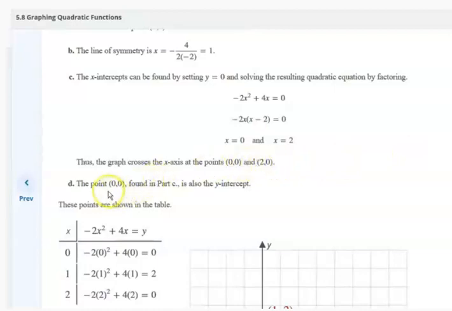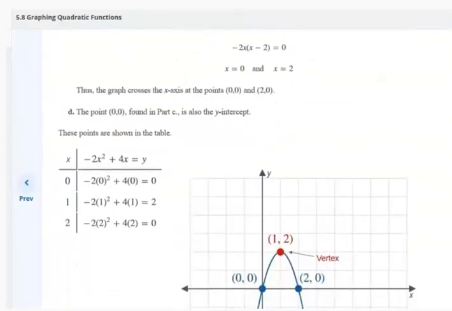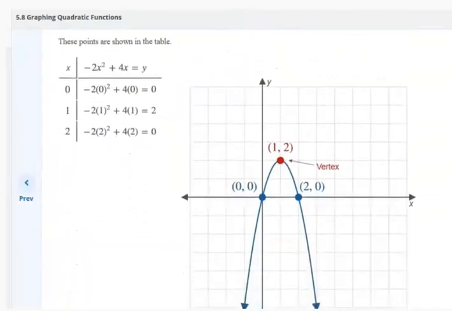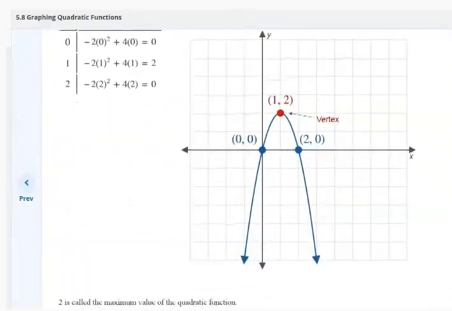And then our y-intercept is the origin, and we showed you how to get that. And then now here's the graph. So the vertex is a maximum because a is negative, it opens downward. There are our zeros, our x-intercepts, and this is also our y-intercept here as the origin.